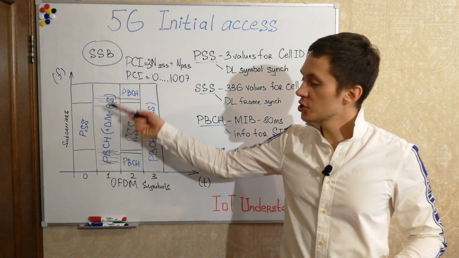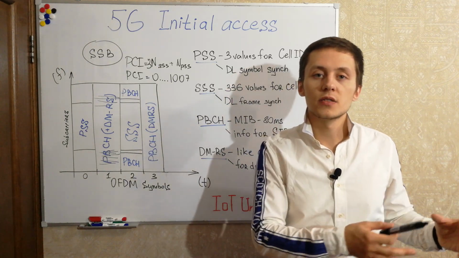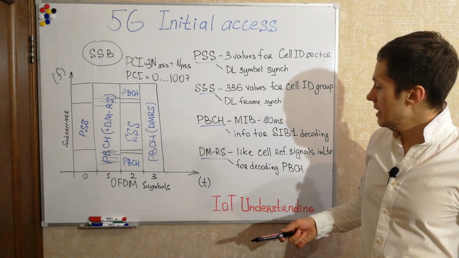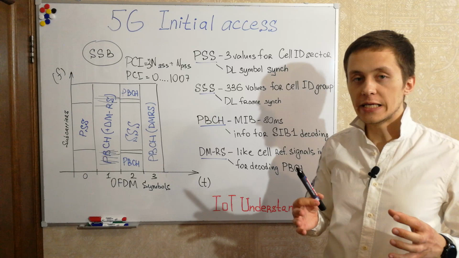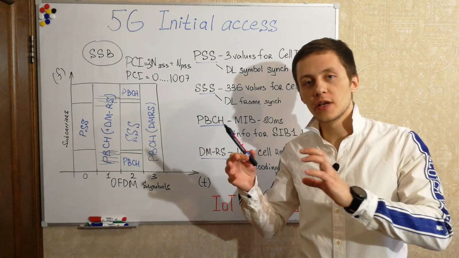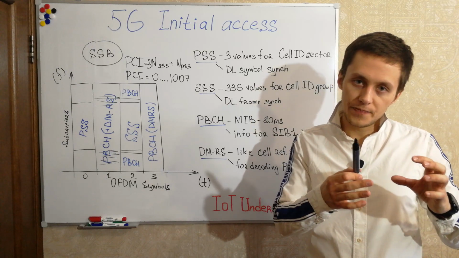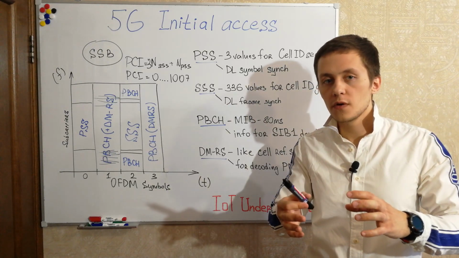And the variation depends on the value of PCI, like in LTE. Using this signal, a user equipment can calculate RSRP, RSRQ and define the SSB block, the best SSB block.